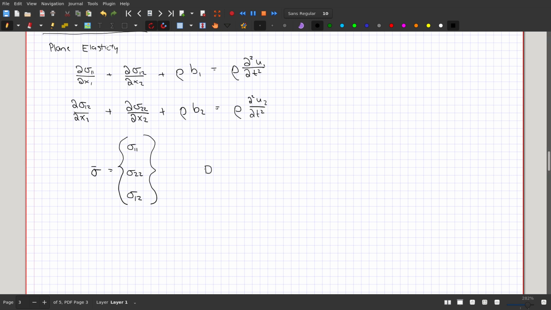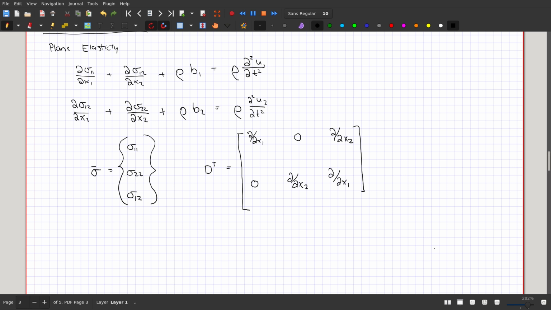And then we're going to introduce this operator matrix that is partial x1, 0, partial x2, 0, partial x2, partial x1.